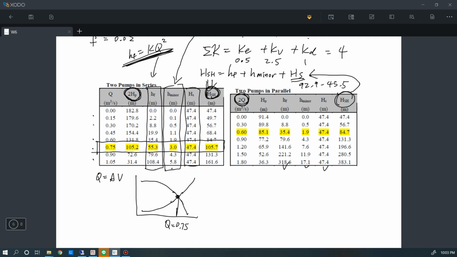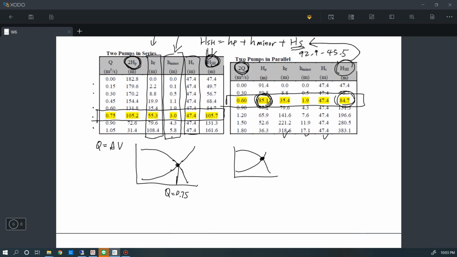Okay, so for the parallel case, we can plot those two curves, find out the intersection, which is approximately equal to this one, because the ideal case is that this HP should equal this HS. But they are close enough, so we choose Q equal to 0.6.